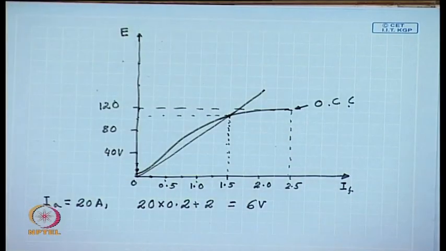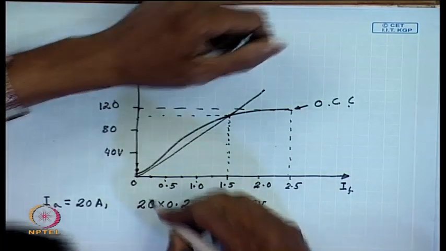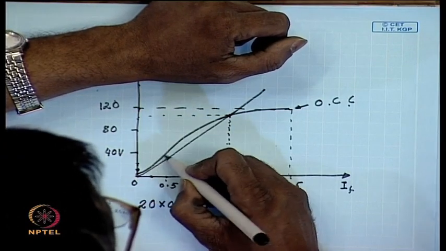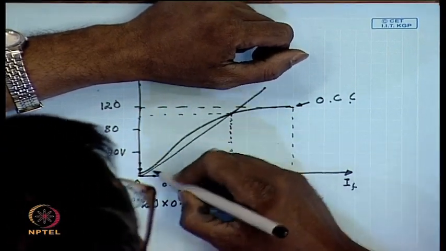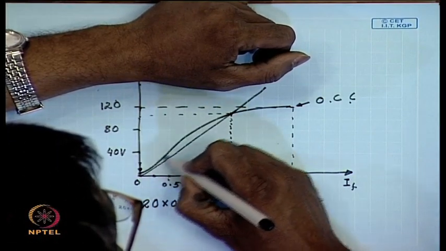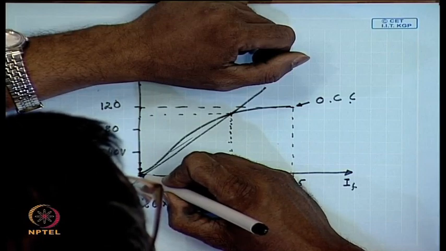So, corresponding to 6 volts we draw two lines, a line parallel to the field resistance line.